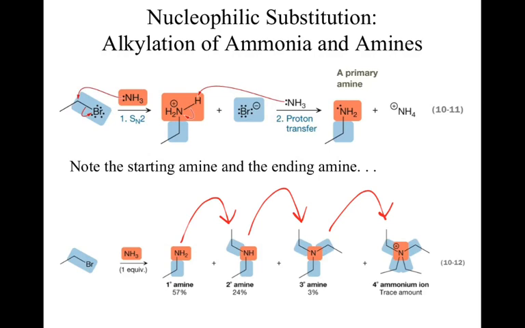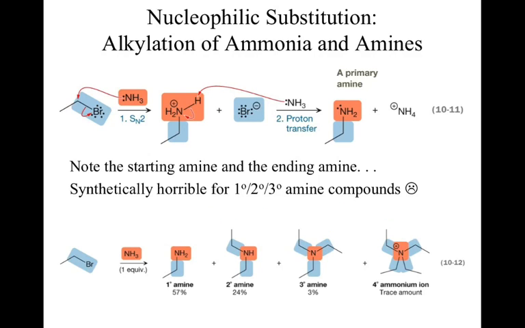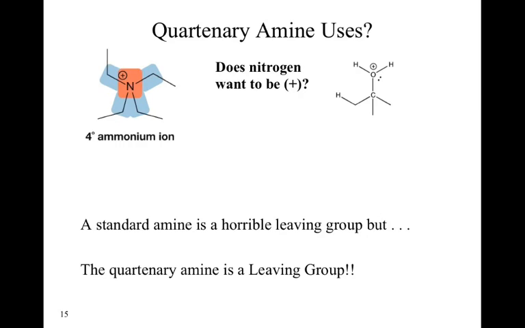So one of the things you might be saying is then, Mike, why are you telling me about this? This is dumb. You're telling me that this is a horrible reaction, there's no reason that I should run it. Well, could we do anything with a quaternary amine? So let's take a look at our quaternary amine. That is a positively charged nitrogen.